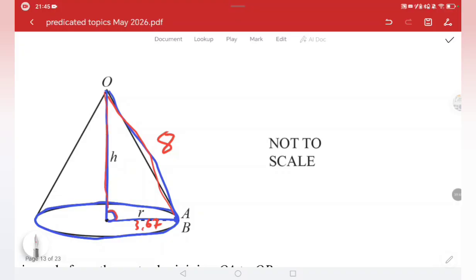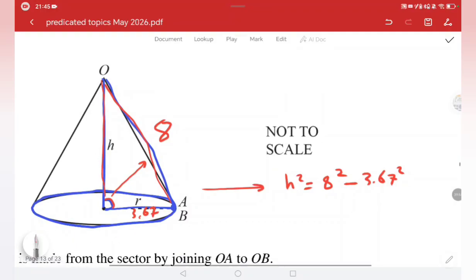The height squared equals 8 squared minus 3.67 squared, taking care that 8 is the hypotenuse. So h equals the square root of 8 squared minus 3.67 squared.